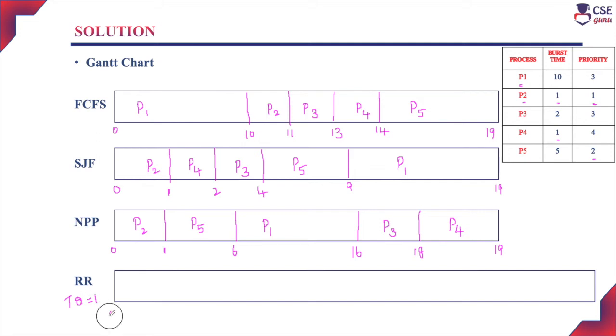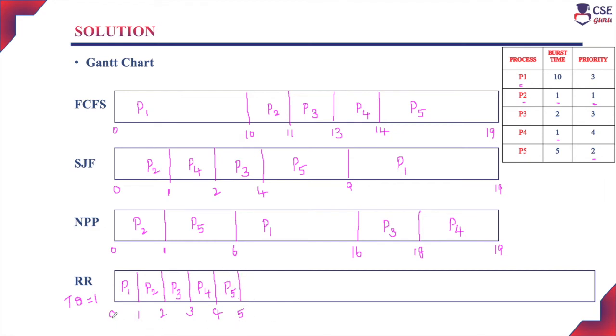Initially, process P1 will execute for 1 millisecond, and the next process, P2, will execute for 1 millisecond. Next, process P3 will execute for 1 millisecond, process P4 for 1 millisecond, and then process P5 also for 1 millisecond.